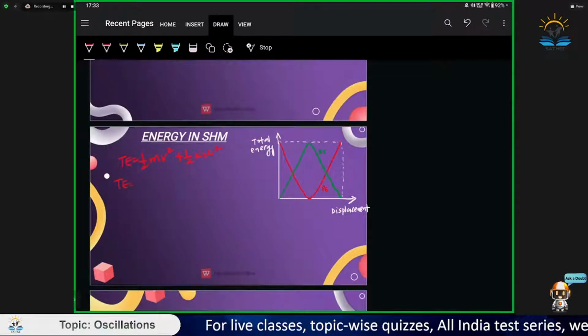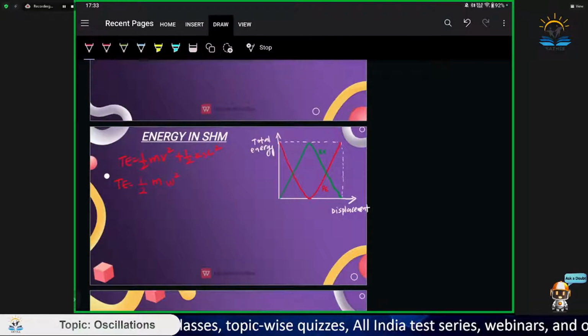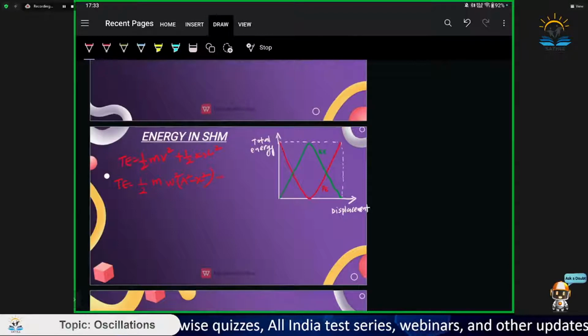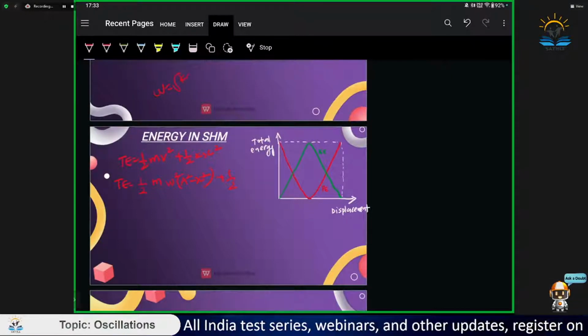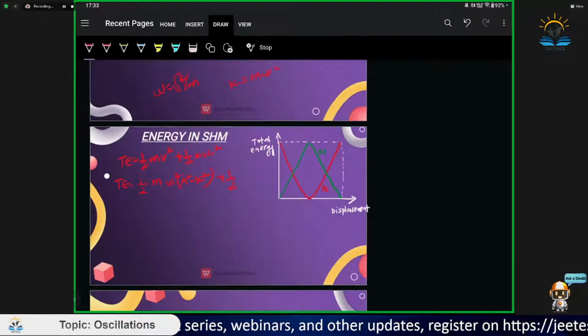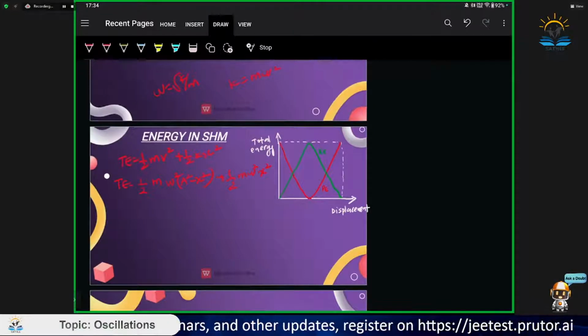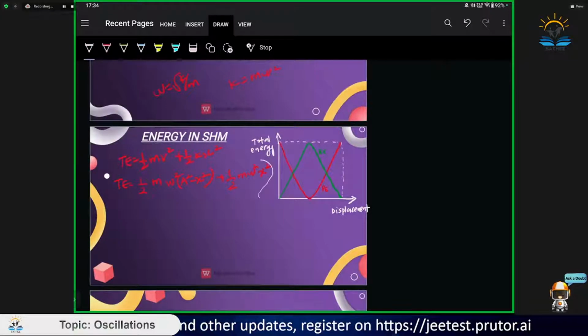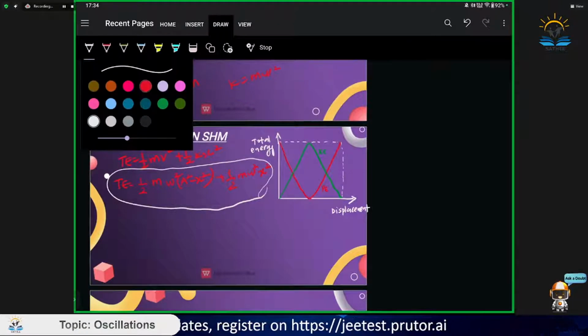Omega into root of a square minus x square. So half m omega square into a square minus x square, plus half into k. We can write omega is root of k by m, that is k equals m omega square. So half into m omega square x square. So this is the equation of total energy in SHM.